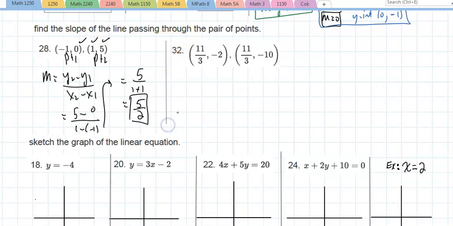And how about if I wanted to do number 32? The same deal. You'll notice here it's kind of annoying to sketch a graph of this. It's easier to use algebra. It's a bit more work. y2 minus y1 over x2 minus x1. The slope is a negative 10, that's y2, minus y1, which is a negative 2.